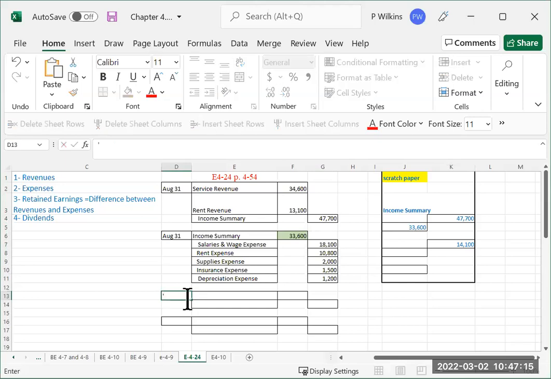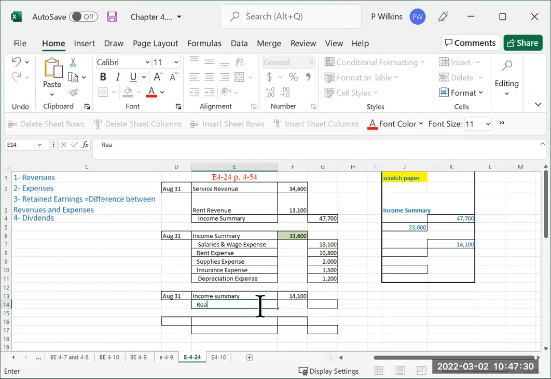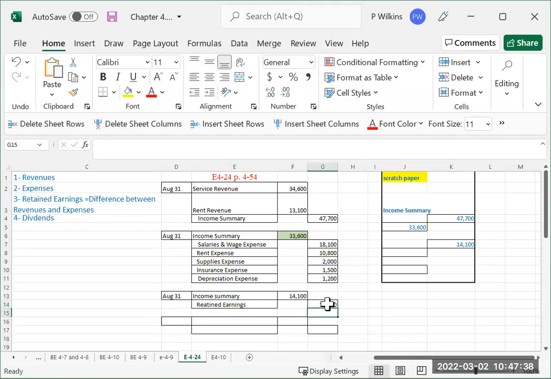So the next entry then, August 31, you're going to debit income summary. Misspelled that. Income summary. You're debiting income summary $14,100, and then you're crediting retained earnings, because at the end of the year, this is what you retained after everything was said and done, $14,100.